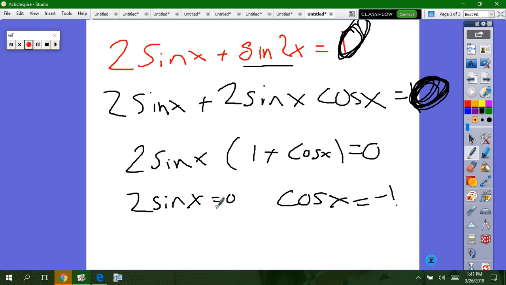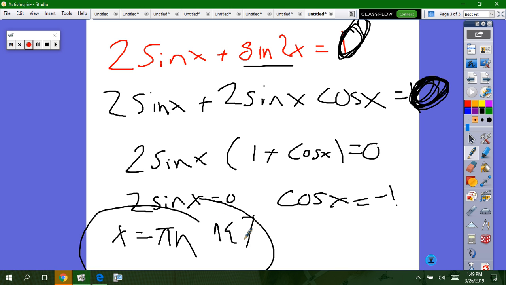Because it's happening here and here. How do I always have to get there? Just adding pi over and over again, correct? So it's basically every pi n, where n belongs to the integers. Where does cosine equal -1? Pi, but isn't that already answered within here? So do I have to write another solution? Nope, so all I have to do is say n belongs to the integers.